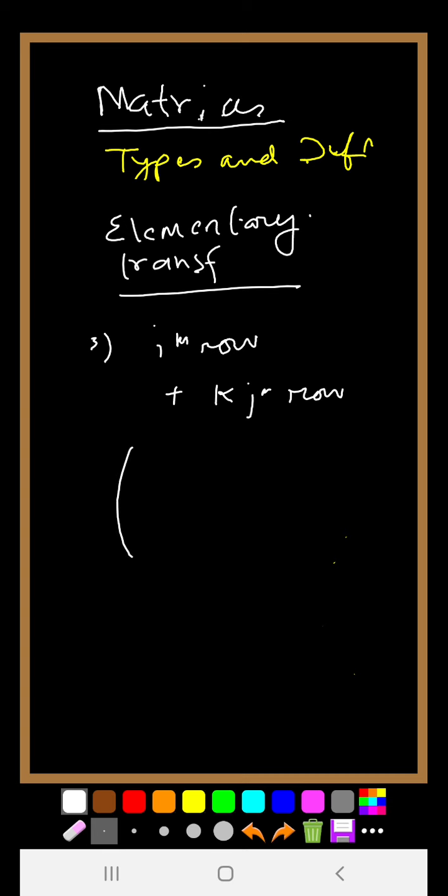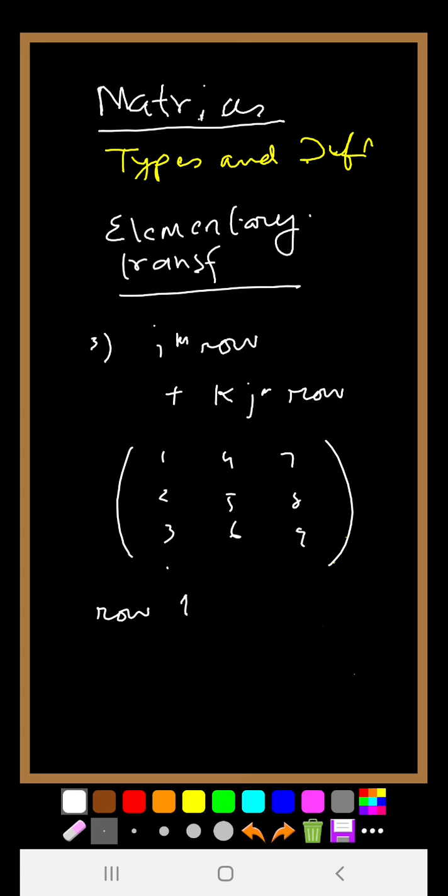So if we have a matrix, say 1, 2, 3, 4, 5, 6, 7, 8, 9, and you are multiplying the first row, or the first column. So let's take the first row.